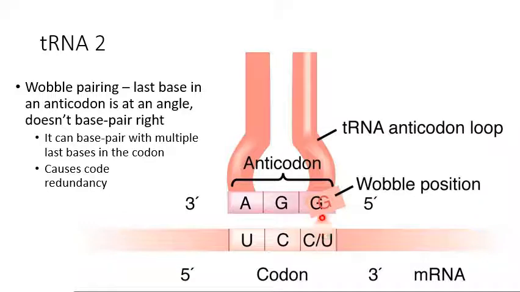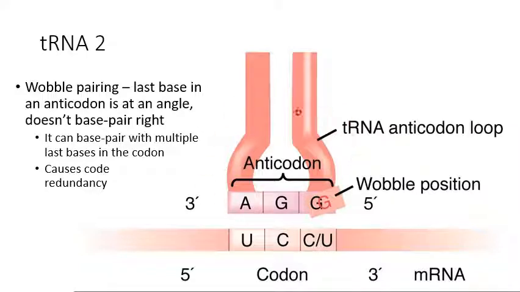Because the base pairing is going to be wonky anyway, sometimes it's possible for a base pair to be made between the last nucleotide of the anticodon and different nucleotides in the codon. So this G here should be pairing with a C, but because it's at an angle, sometimes it can also pair with a U. And that is why the codon UCC would mean whatever amino acid this tRNA is attached to, and the codon UCU would also mean the same amino acid.